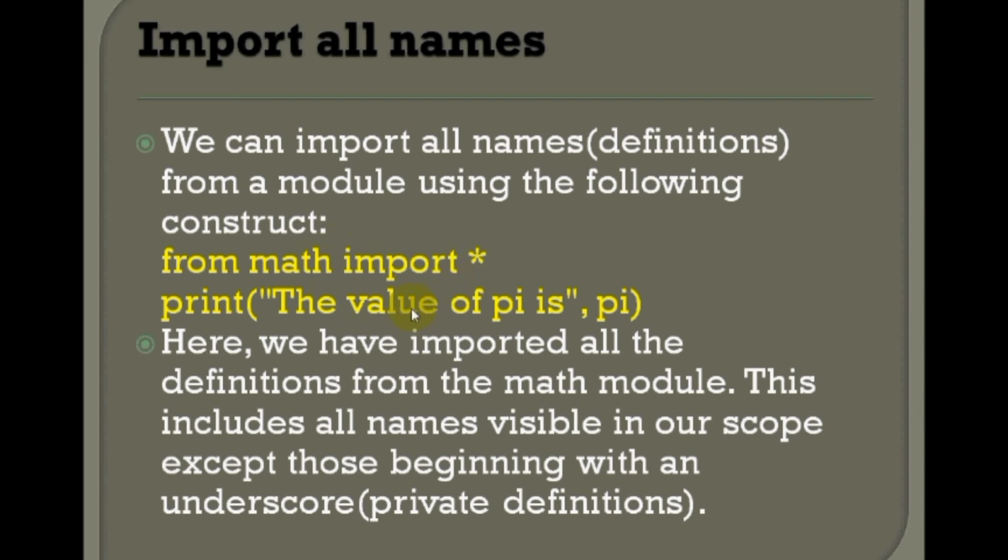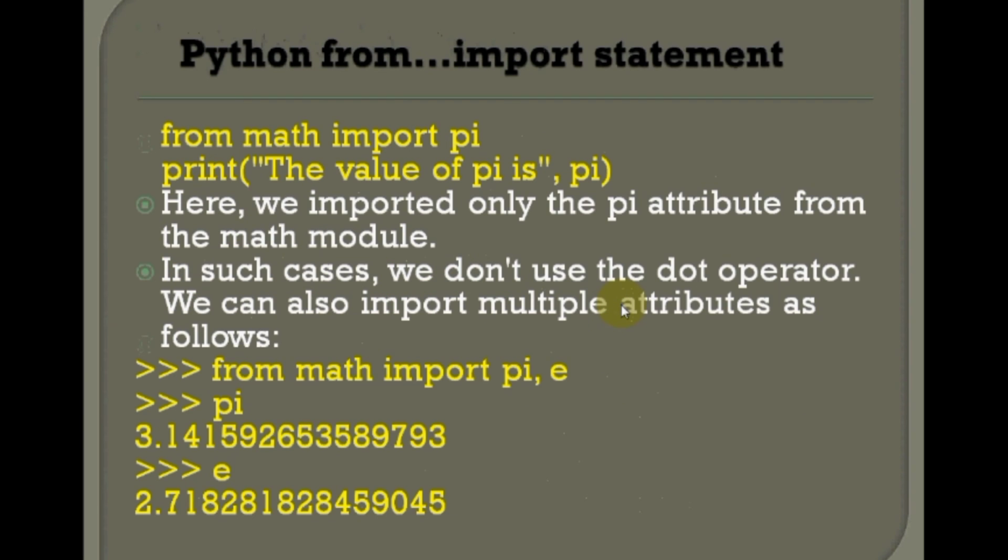Now I'm accessing pi, and we can access the exponential e here, and many more. So these are the methods to import libraries in our Python programs. You have to implement all the methods and you have to revise all the methods.